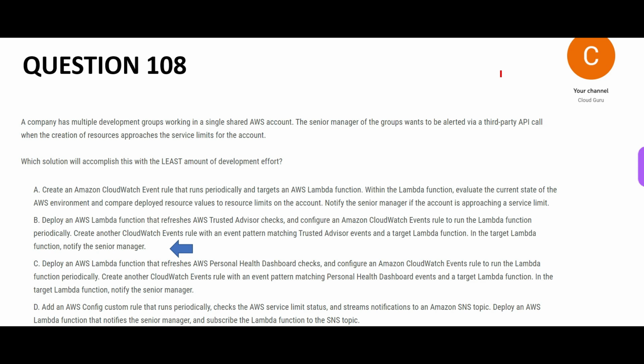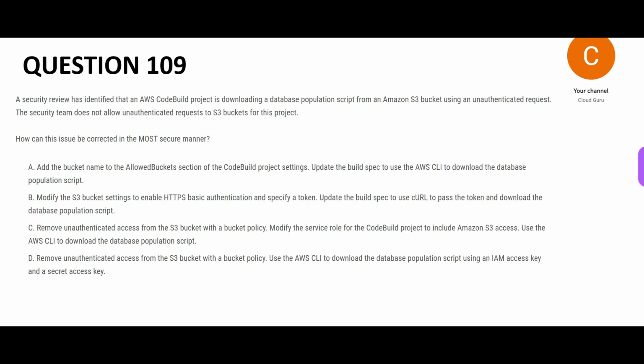If you scan through the answer, they deploy Lambda, which will refresh the advisor checks, and then we configure event rules, and then there is an event rule for event pattern matching, and then you notify the senior manager.